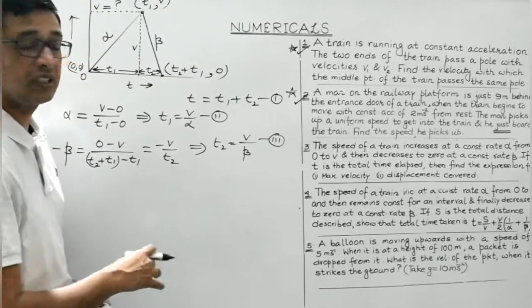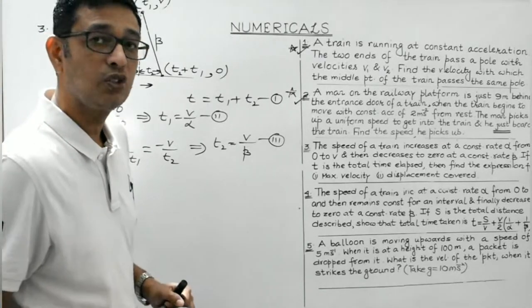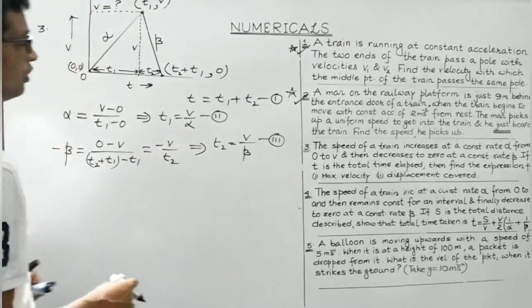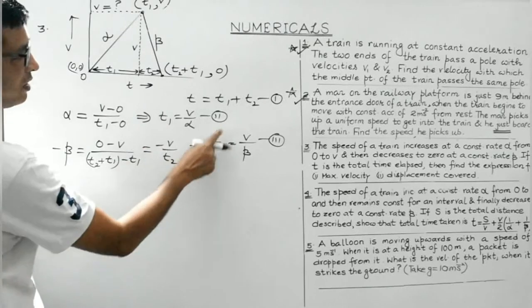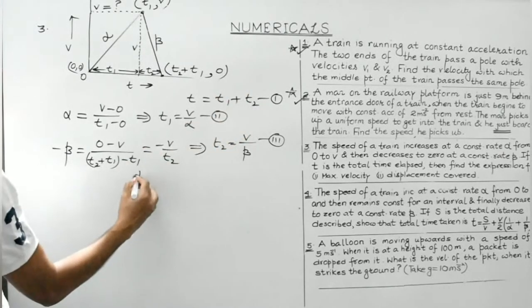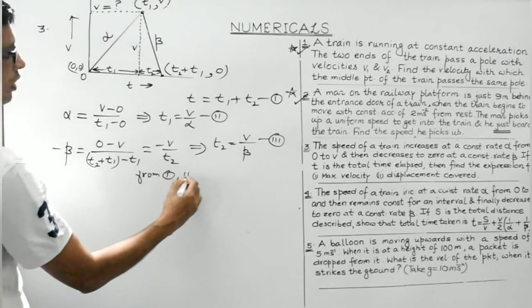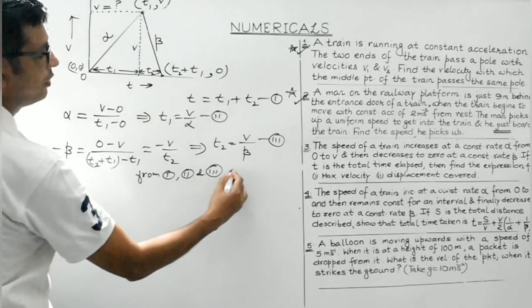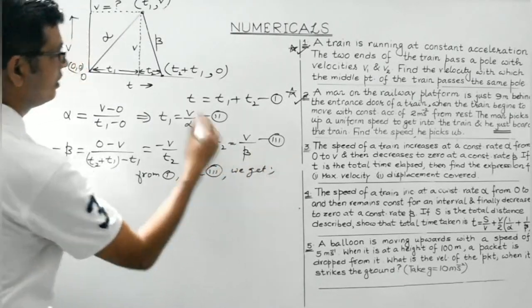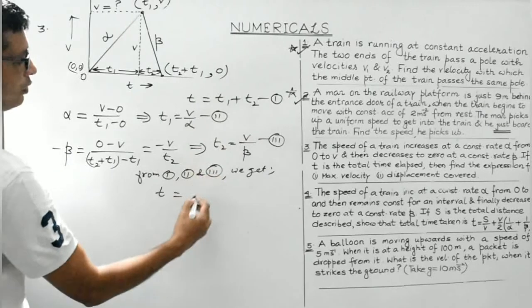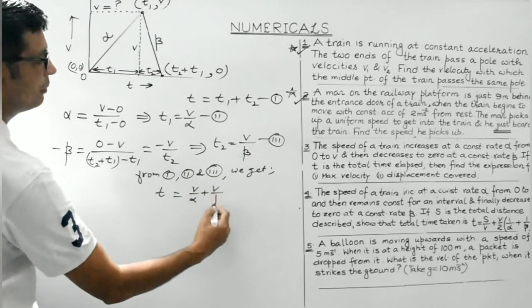Now we need to express the answer in terms of alpha and beta. So what to do is substitute these values of t1 and t2 in equation 1. So from 1, 2 and 3 we get t is equal to v by alpha plus v by beta.